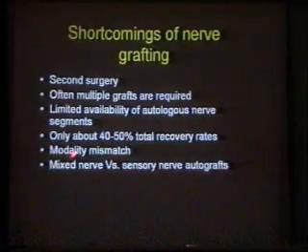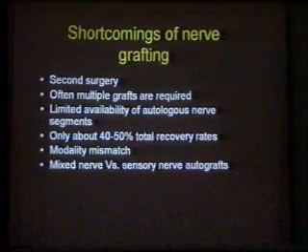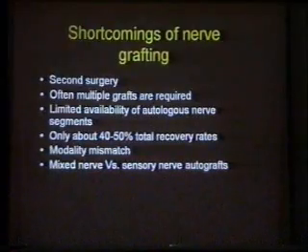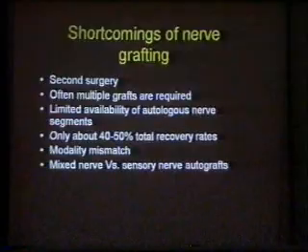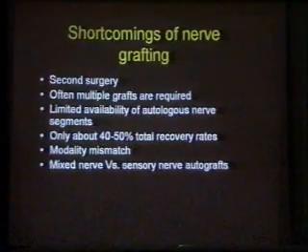There's also now a growing appreciation, from recent papers, one by Nichols, showing that the modality of the autograft that you use matters. So to bridge a mixed nerve, which most of our nerves are, containing sensory and motor, if you use a purely sensory autograft, which is our most common autograft, like the sural nerve, it doesn't work as well as using a mixed nerve autograft.